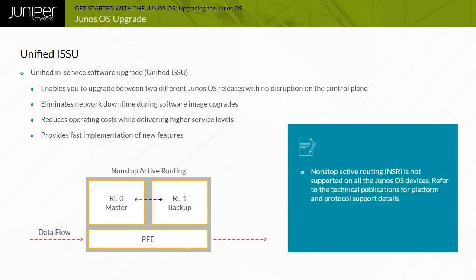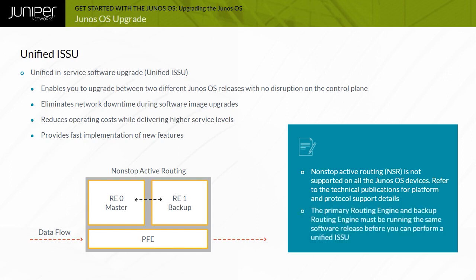Note that NSR is not supported on all the Junos OS devices. Refer to the technical publications for platform and protocol support details. The primary Routing Engine and backup Routing Engine must be running the same software release before you can perform a unified ISSU. You cannot take any PICs online or offline during a unified ISSU.